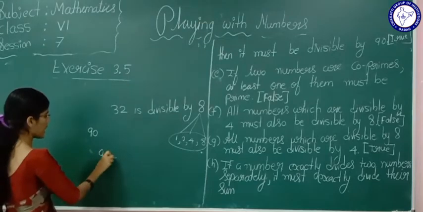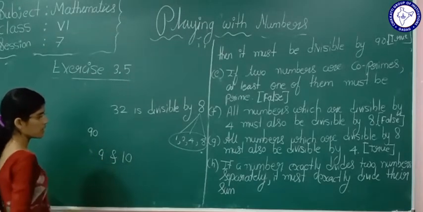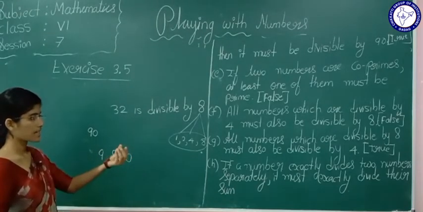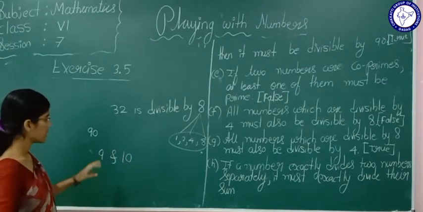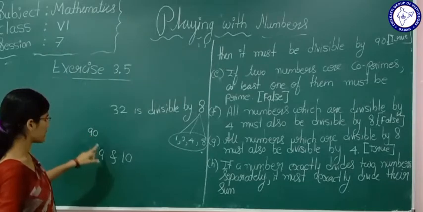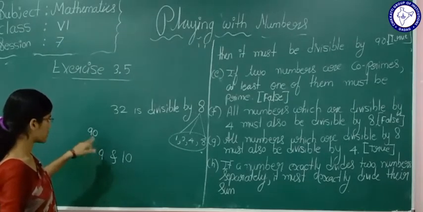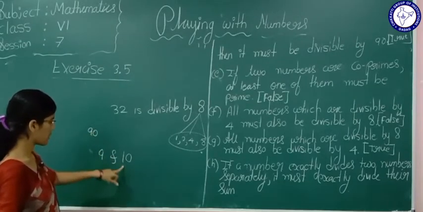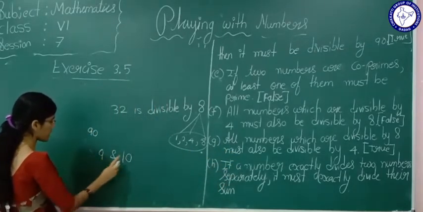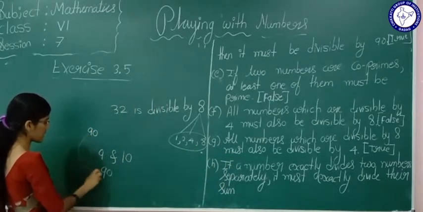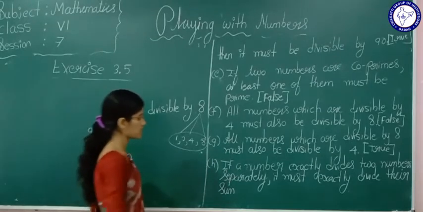Now 9 and 10. 90 is divisible by 9 and 90 is divisible by 10 also. It must exactly divide the sum. Yes. What is the sum of 9 and 10? It is 90. So this 90 is divisible by 9. Yes, this answer is true.